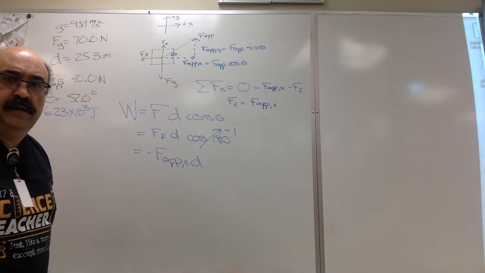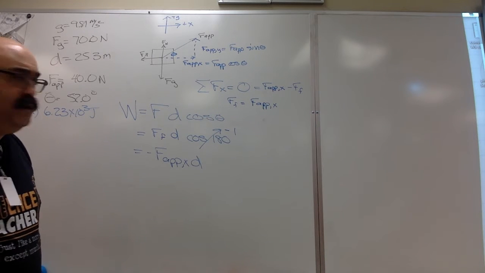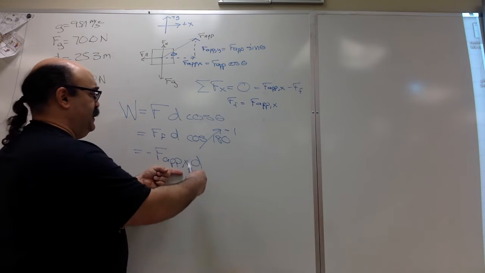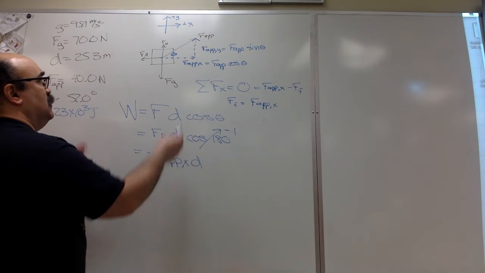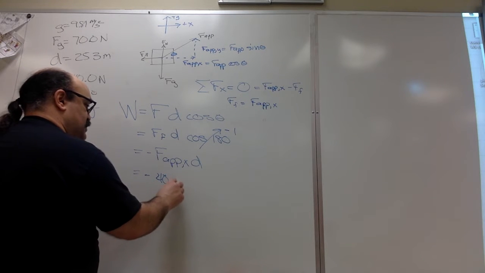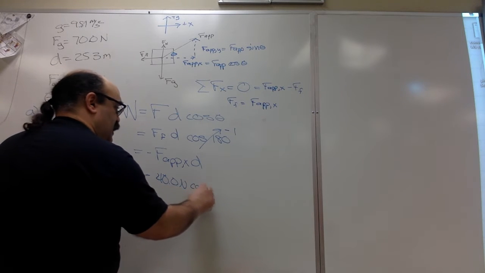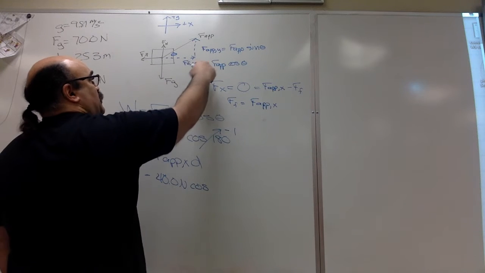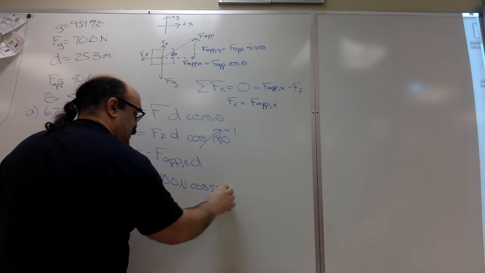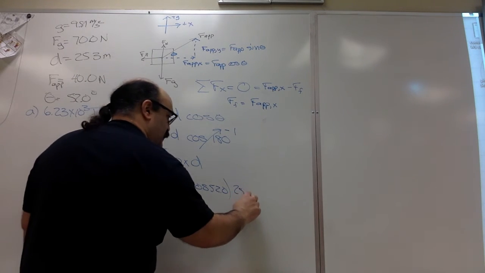So this is going to equal the opposite of the force applied in the x direction times the displacement. Lo and behold, that's just going to end up being what we got before. I'm going to take the negative of the force applied in the x direction, which was 40 newtons, times the cosine of that angle, 52.0 degrees, which we would have calculated from before, times 253.